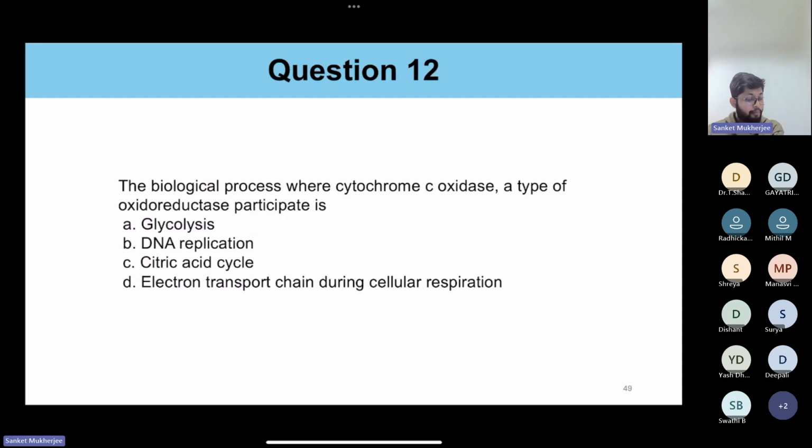The biological process where cytochrome C oxidase, a type of oxidoreductase, participates is glycolysis, DNA replication, the citric acid cycle, or the electron transport chain during cellular respiration. Cytochrome A, B, C, where are these present usually?